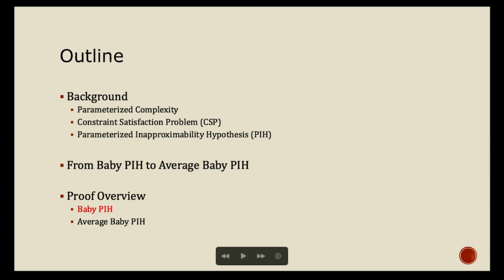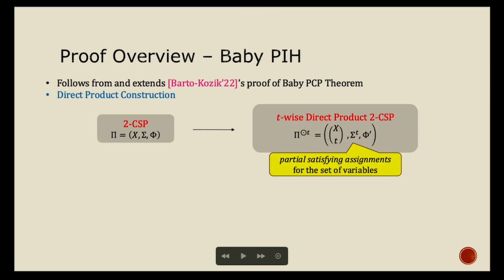Okay, let me give you some overview of the proofs. The proof of Baby PIH follows from and extends Barto and Kozik's proof for the Baby PCP theorem. We use the simplest direct product construction. So given a 2-CSP instance, we take its t-wise direct product, where t is some large constant.